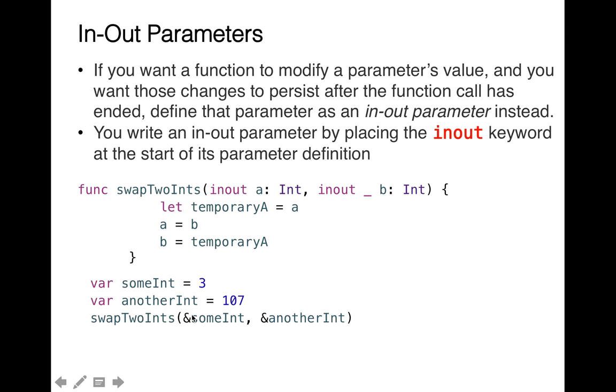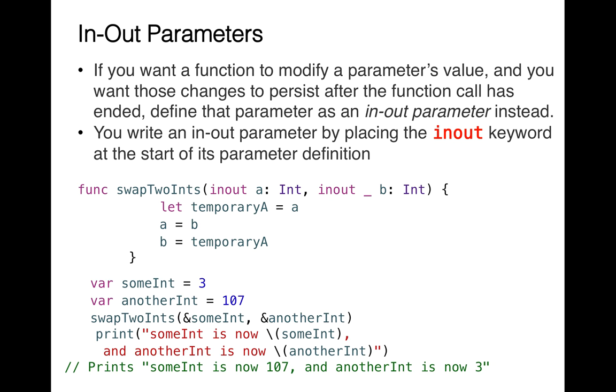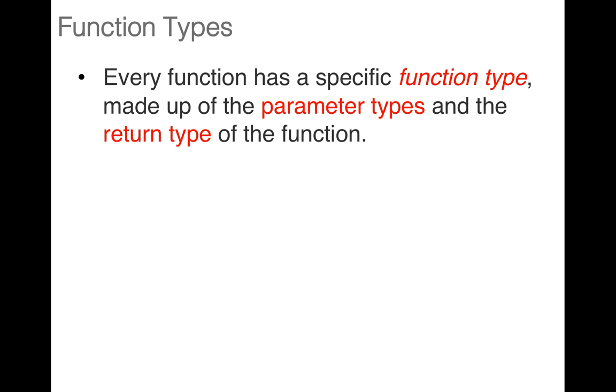That's in-out parameters. However, if you don't use the inout keyword and call this one, even though they change inside, outside someInt will still be 3 and anotherInt will still be 107. So we print out now, they will change.